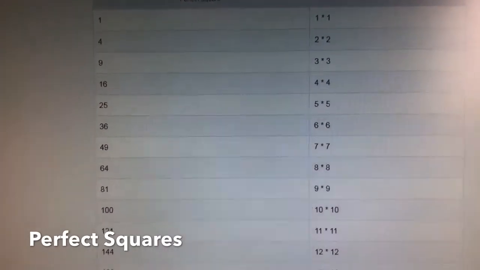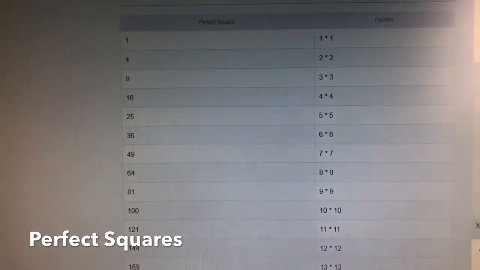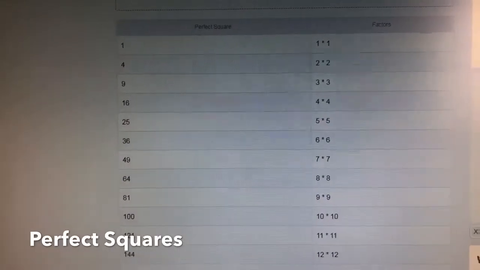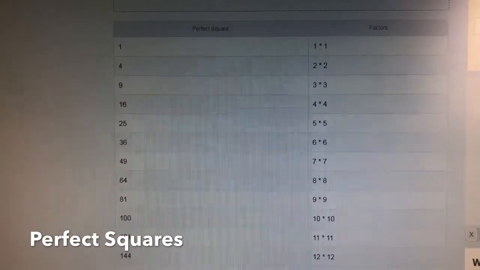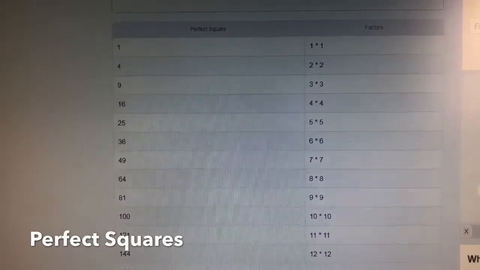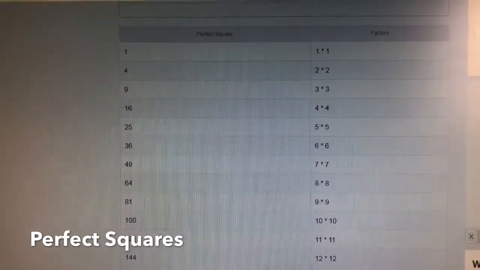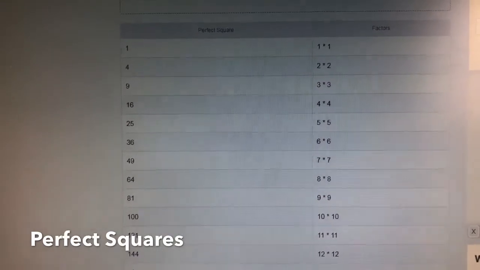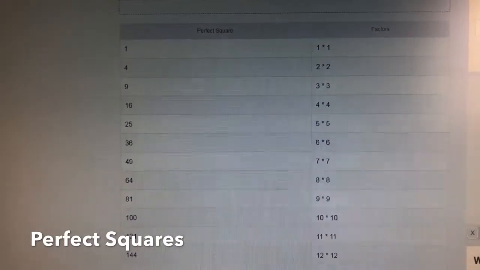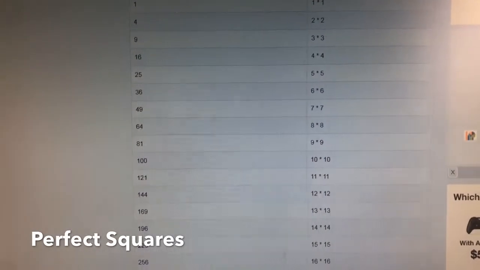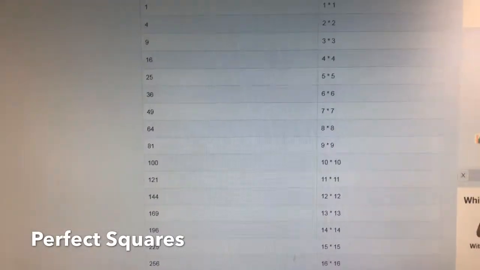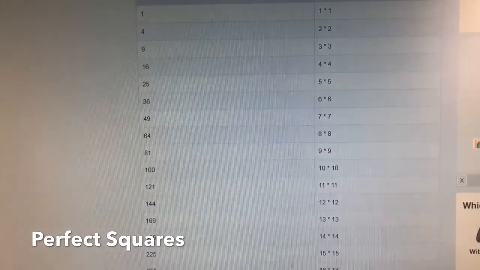So really through 12, you should know those because you've learned all the multiplication tables since you were probably in third grade. So you should know that 144, as an example, is 12 times 12, and 121 is 11 times 11. Then I would say the next ones up to 15, you should commit those to memory as well.